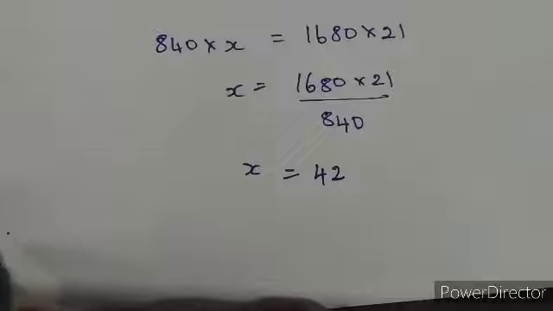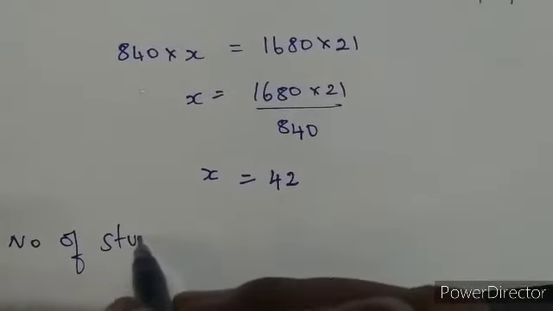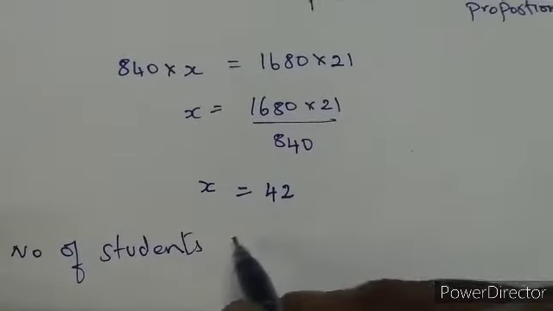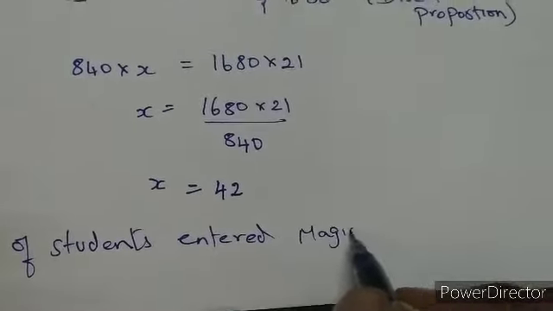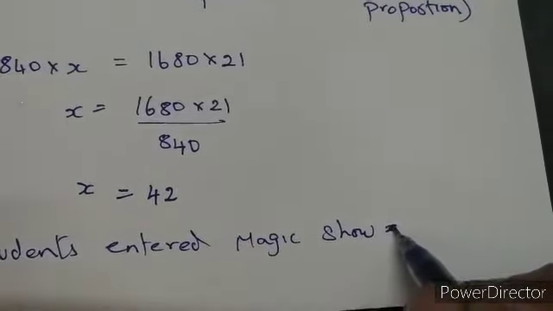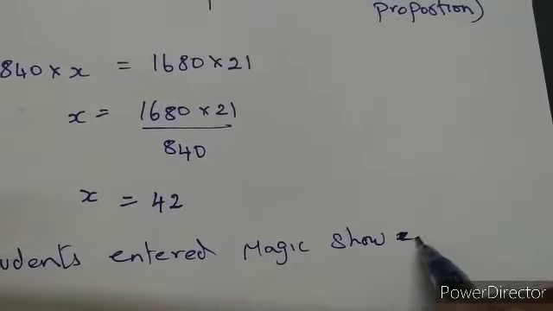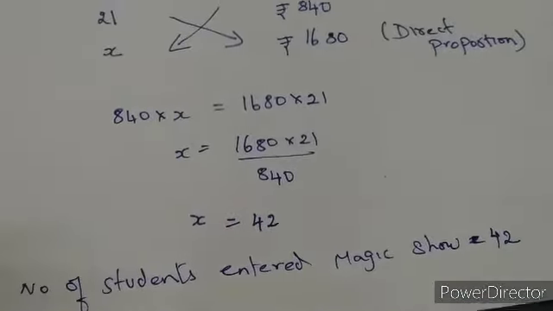The answer you should write here: the number of students entered the magic show is equal to 42 students. Is it clear, students?